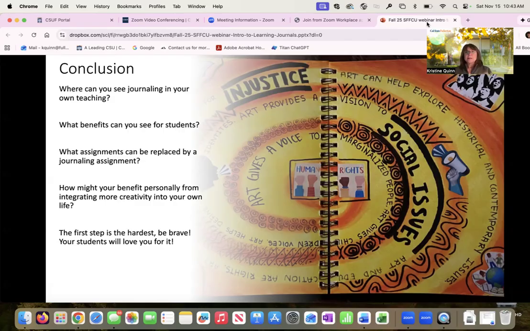Every assignment that you have in your classroom could also be represented in a learning journal or replaced with a learning journal. So I want you to think too about your own ideas and creating a learning journal as well. How might you benefit personally from integrating more creativity into your own life, not just into your own classroom?